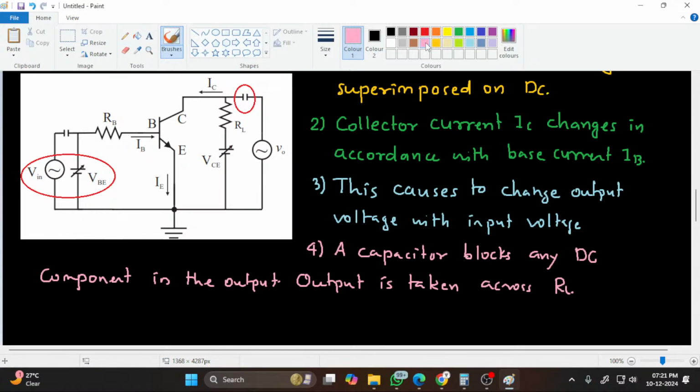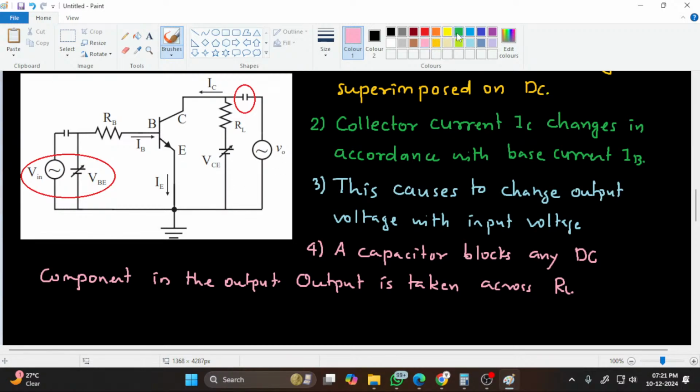An input signal is applied to the circuit. Consider the output loop. We get VCC equal to VCE plus ICRL.